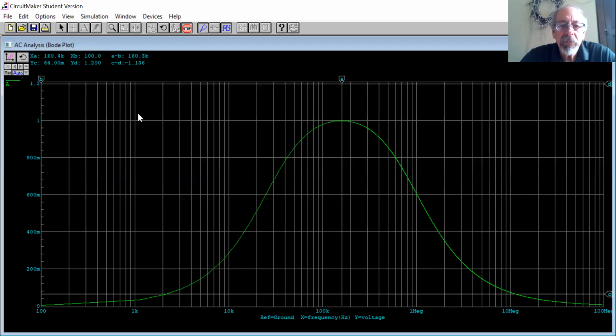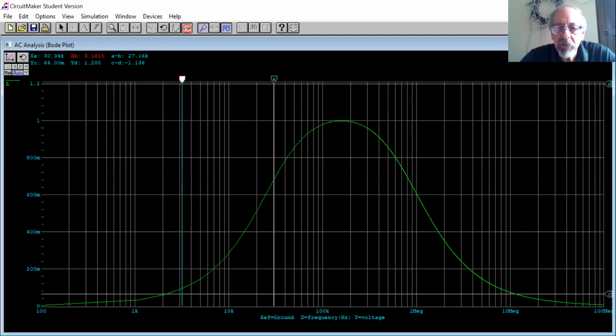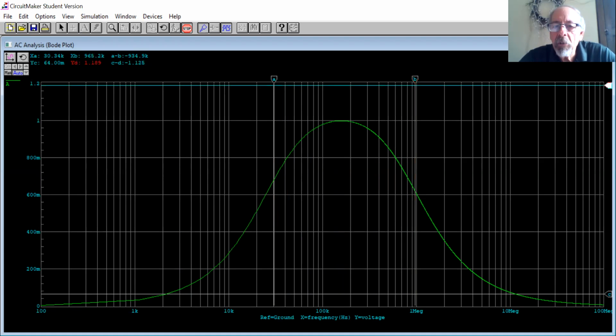So let's go back. If we want to find the bandwidth of this thing, it doesn't have a very sharp peak. It's probably a low Q circuit. Normally we talk about going to the -3 dB point, but another place we go is where the output falls down.